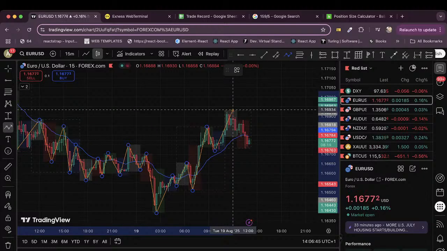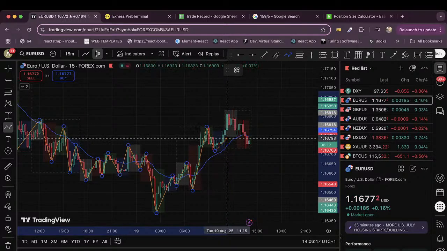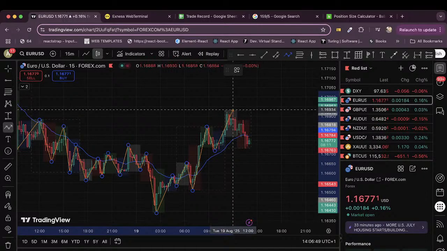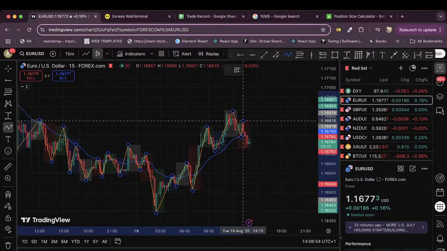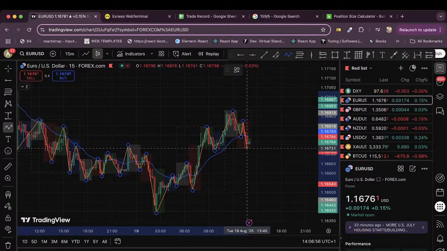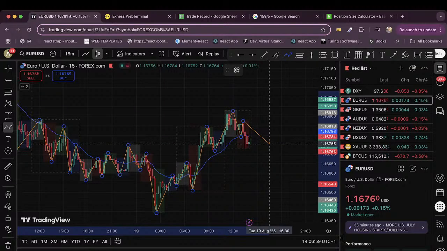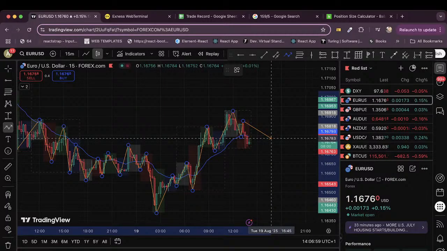And yeah, around here we had something like a bounce, but it didn't break any level, so it's an internal, and we can see where euro is currently trading at. I'll keep it here so that we can see what price is doing there.